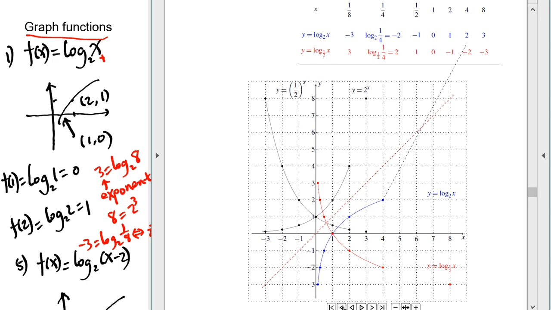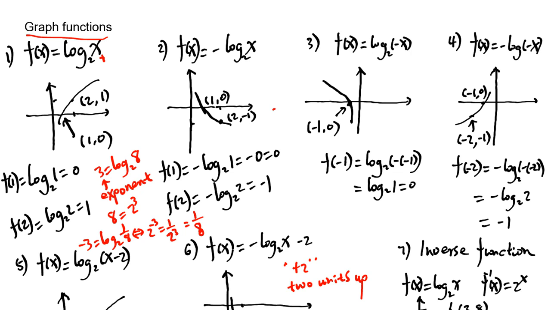By the way, when you plug in 1, you should have 0. Because, again, if you input 1 here, you should have 0. If you want me to record it, I can do that.